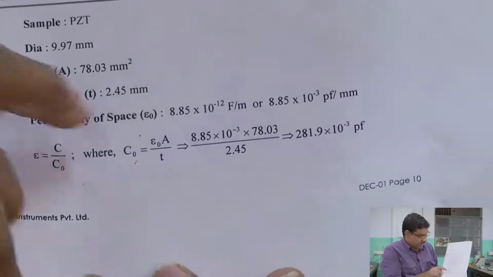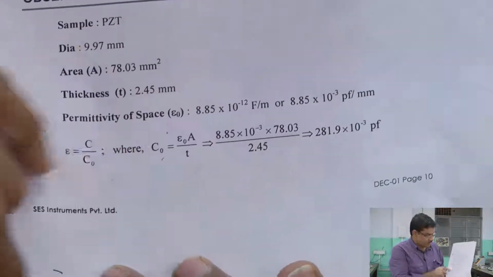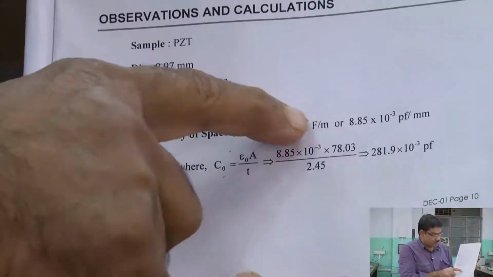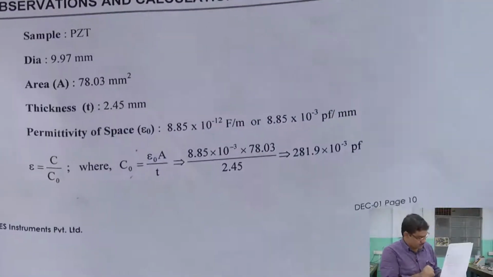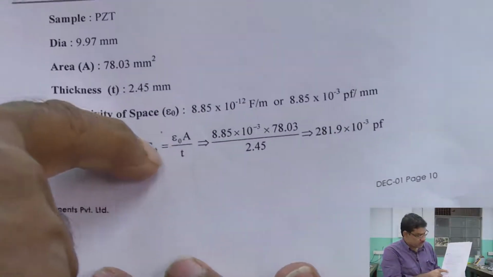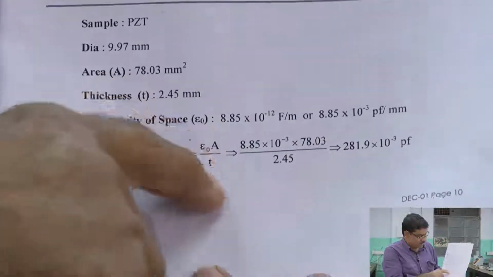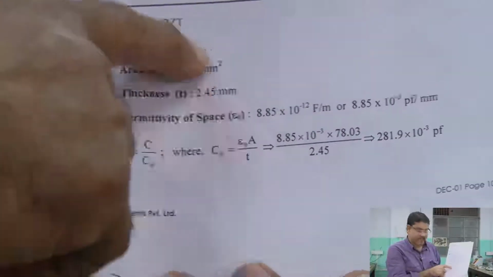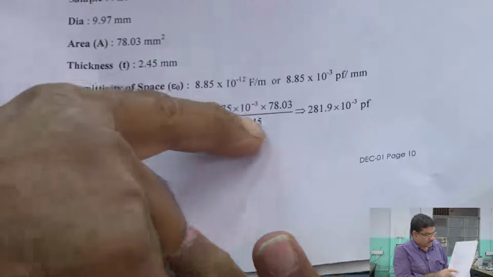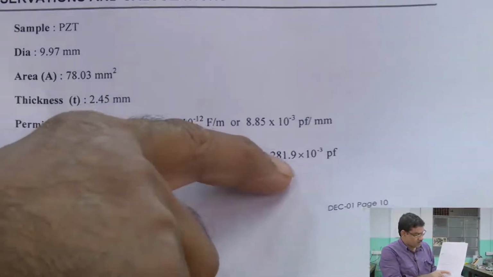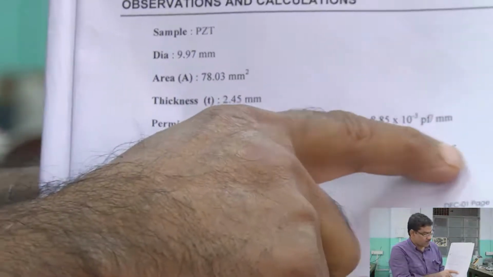And epsilon 0 is this one, 8.85 into 10 to the minus 12 farad per meter. So, C0 one can calculate using this supplied data, and that is 281.9 into 10 to the minus 3 picofarad.